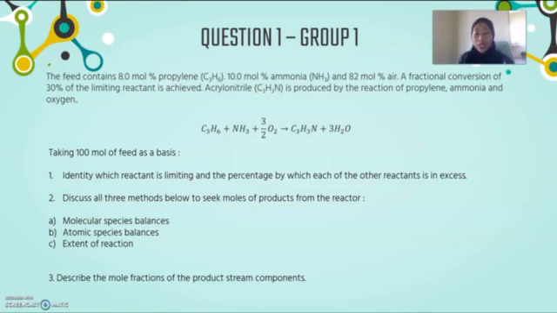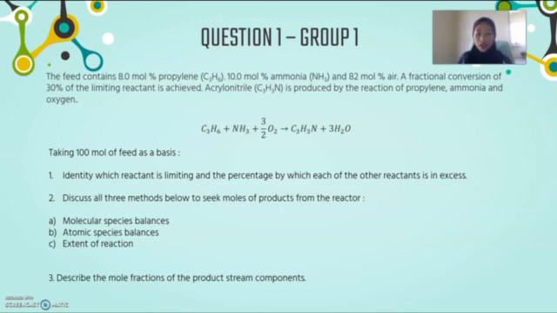The feed contains 8.0 mole percent propylene, C3H6, 10.0 mole percent ammonia, NH3, and 82 mole percent air. A fractional conversion of 30% of the limiting reactant is achieved.